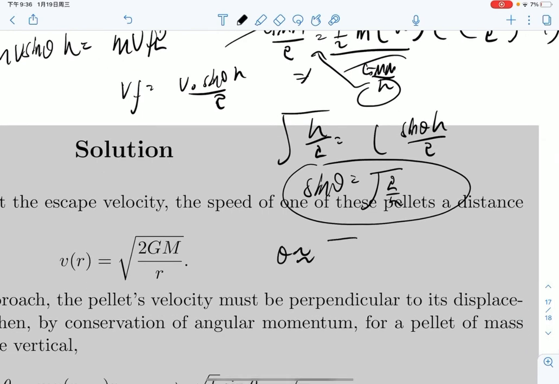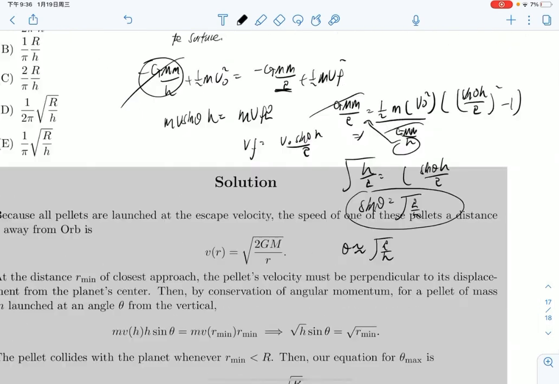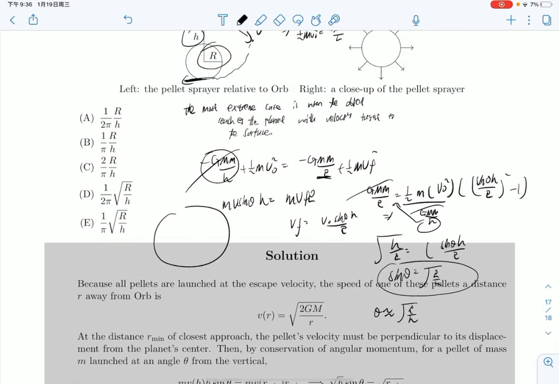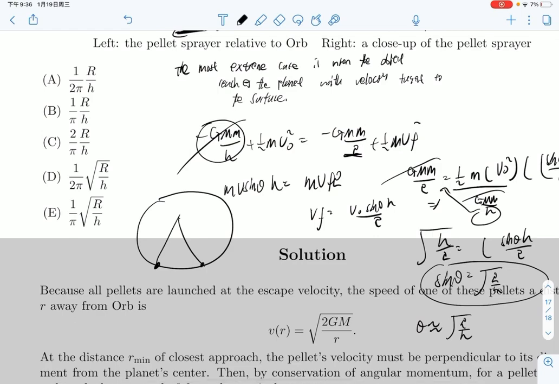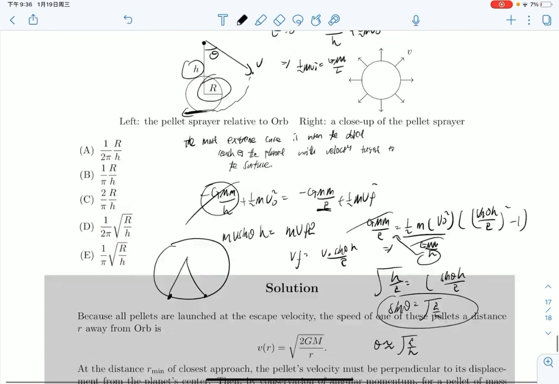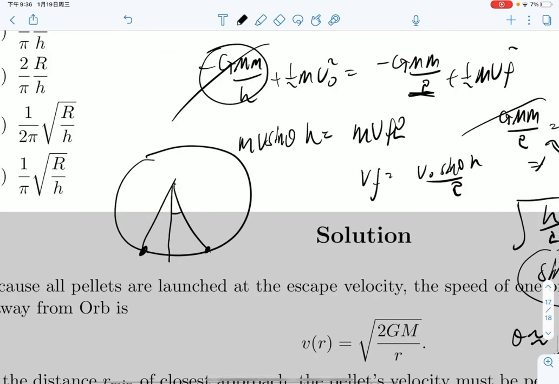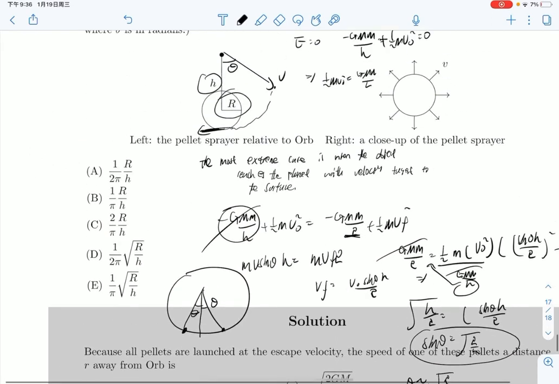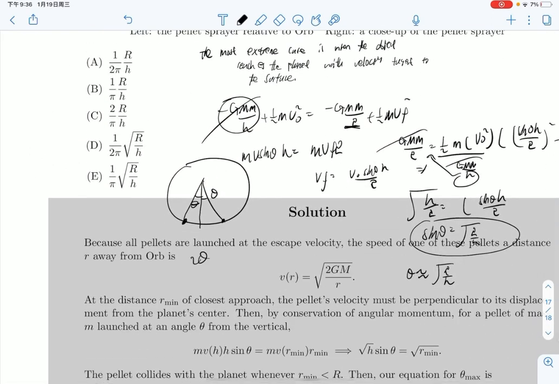And you want to find the portion where it lands on the planet. So basically this part, theta over here and theta over here. So the total fraction is 2 theta over 2 pi, which is 1 divided by pi times theta, where theta is equal to this, which gives the answer to be E. Okay, we're done.